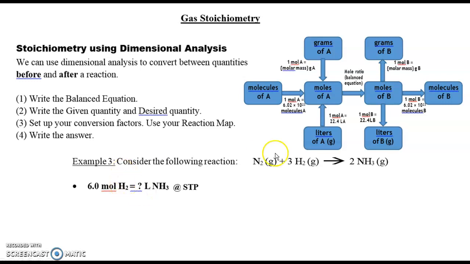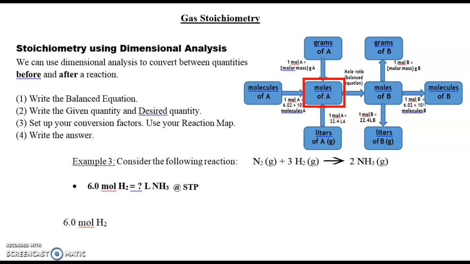So I'm starting with H2, which is right here, and I want to know NH3. So pretty much I'm starting with moles of A, and all the A's are just one certain reactant or product, and then we want to find what the other one is. So this is a pretty simple one as far as example problems go.